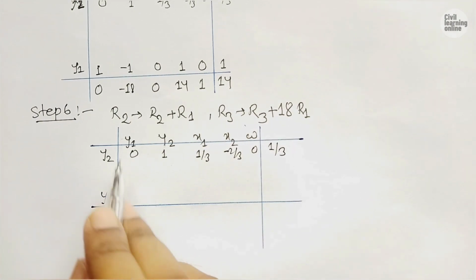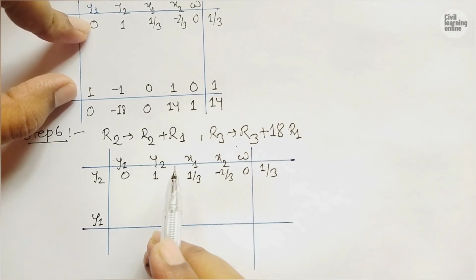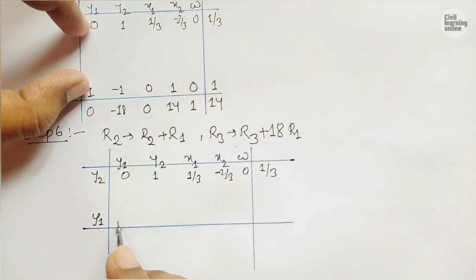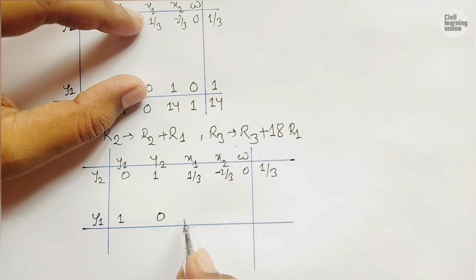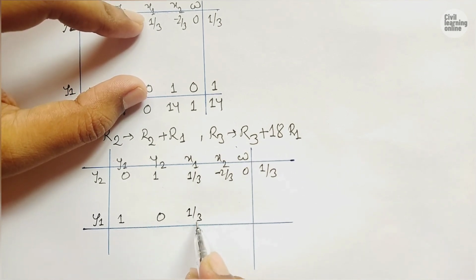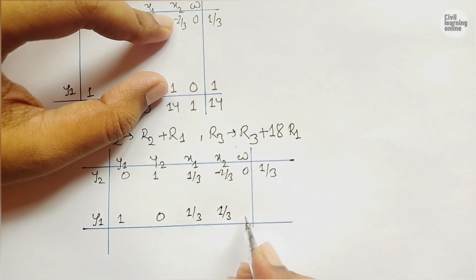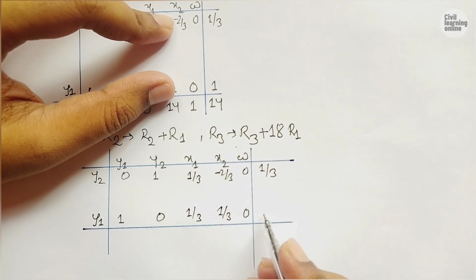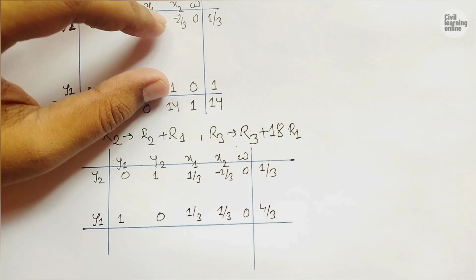Now R2 implies R2 plus R1, so we have to add the elements here. So 1 plus 0 is 1, minus 1 plus 1 is 0, 0 plus 1 by 3 is 1 by 3, minus 2 by 3 plus 1 is 1 by 3, 0 plus 0 is 0, and 1 plus 1 by 3 is 4 upon 3.